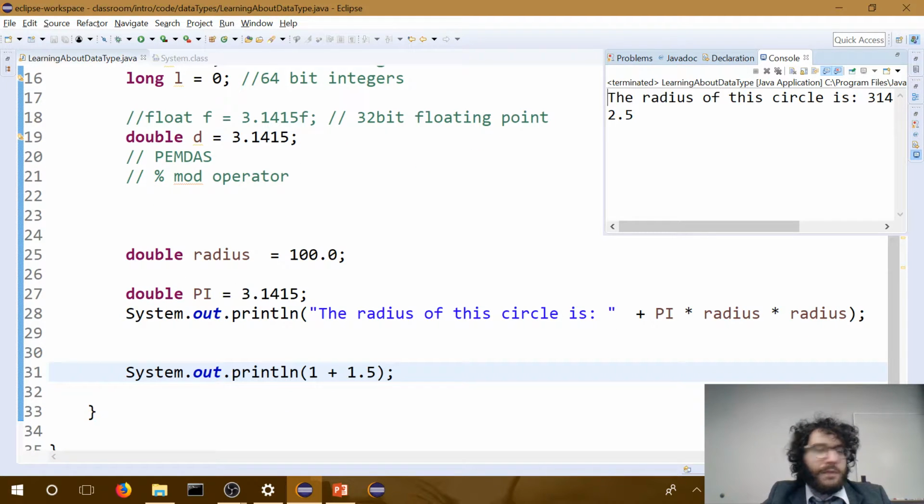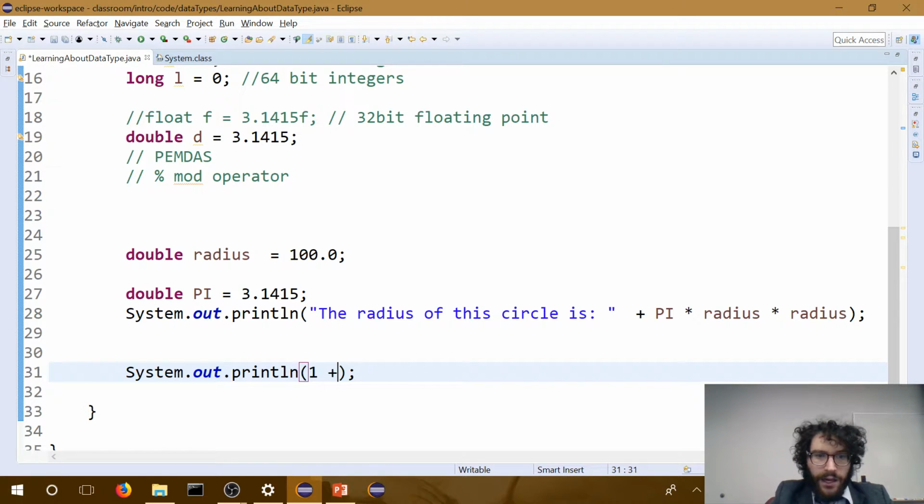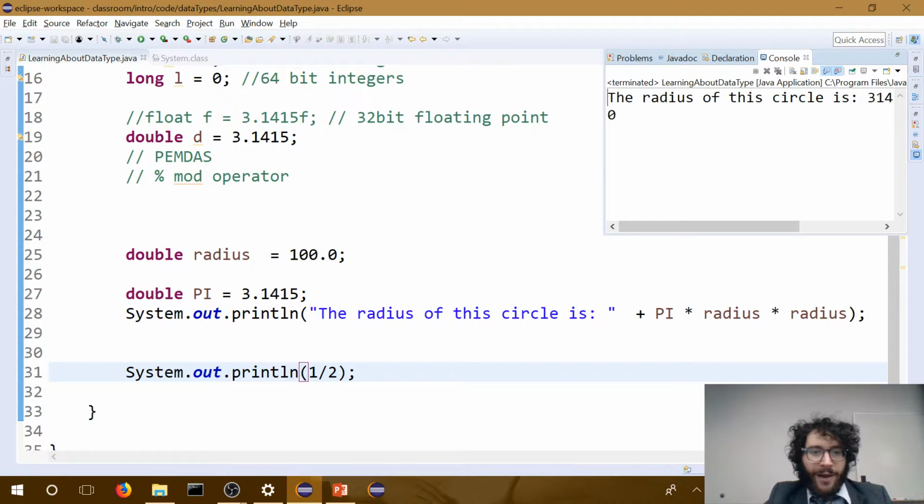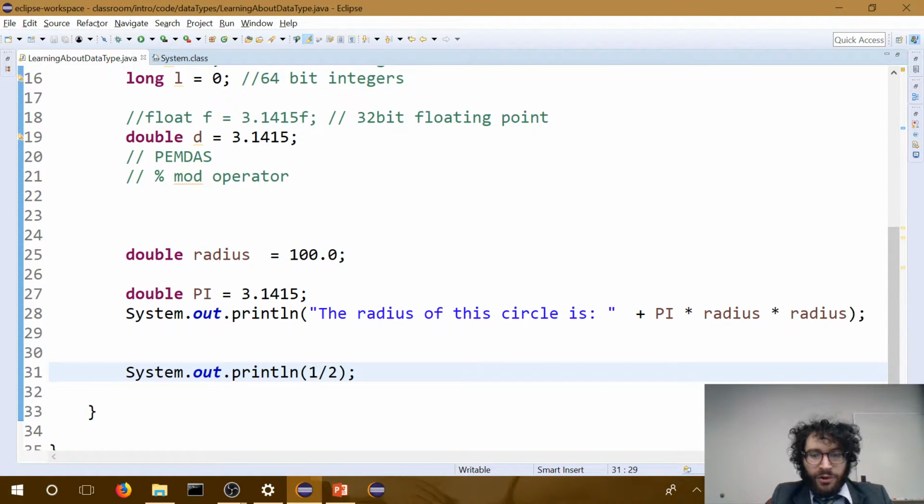So whenever doubles meet an integer, they have to convert. That means we can represent 1 over 2 if we're clever about it, which is that we can do 1 divided by 2.0. If an integer and a double meet, the integer converts up to a double.